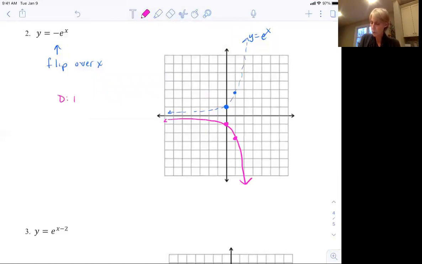The domain is always all reals. That's never going to change. But this time the range, y is less than 0. And the horizontal asymptote, it was just a simple reflection, so the horizontal asymptote stays the same. And notice the connection between the range and the horizontal asymptote.